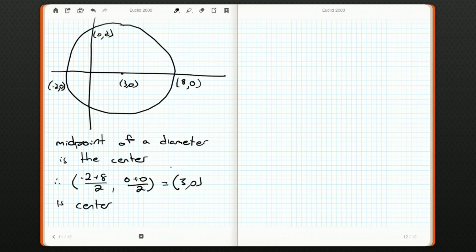Okay? So the radius is pretty easy to see since these two points lie on the x-axis. It's going to be 8 minus 3, which is equal to 5. And we can check that the distance between 3 and negative 2 is also 5.